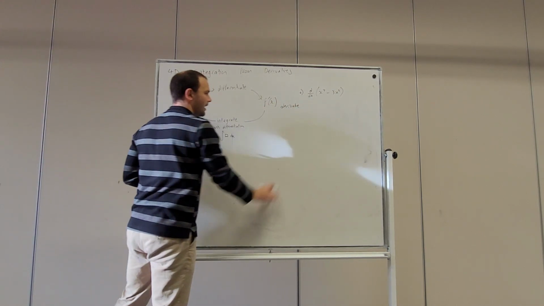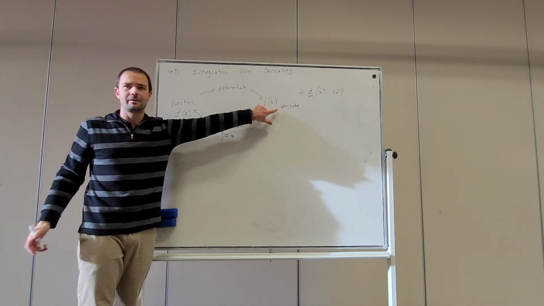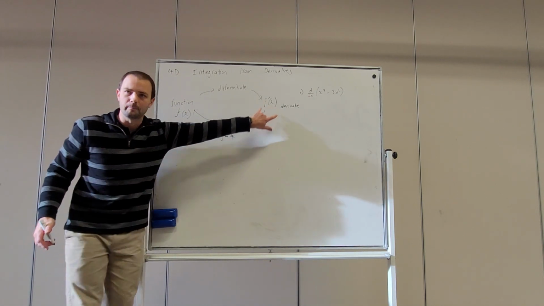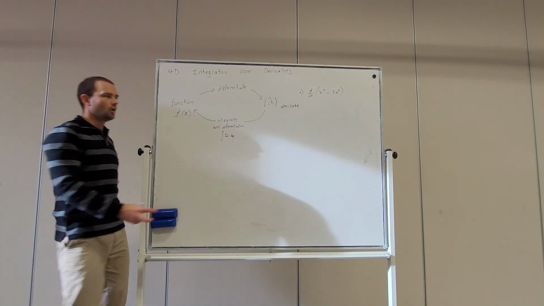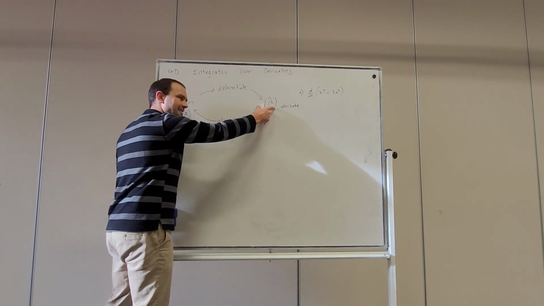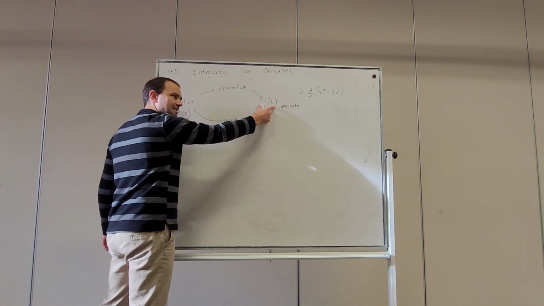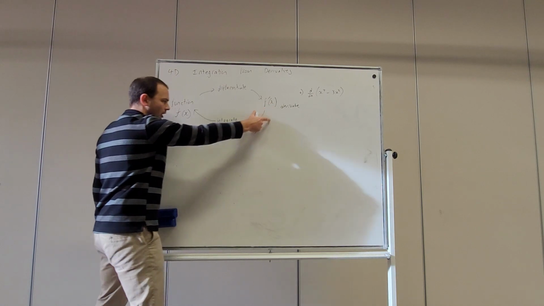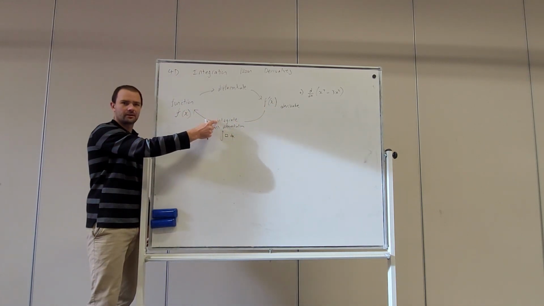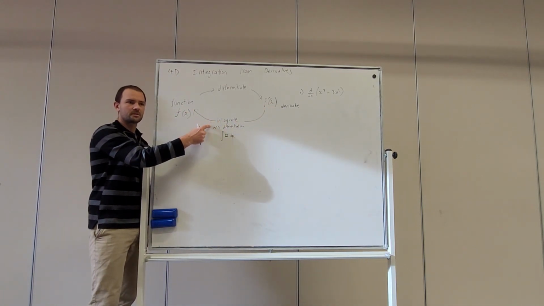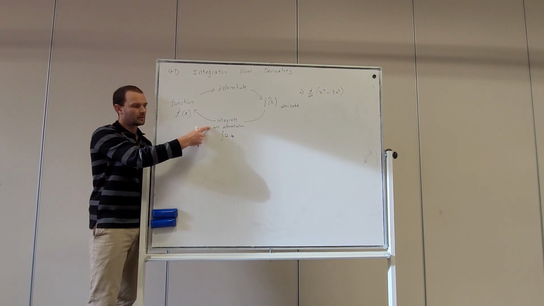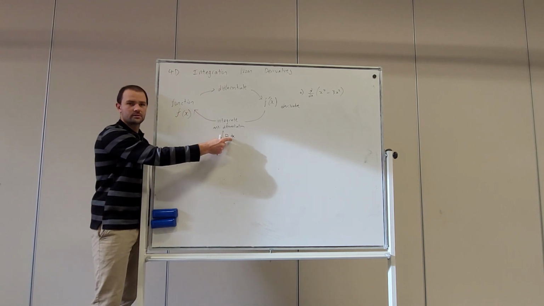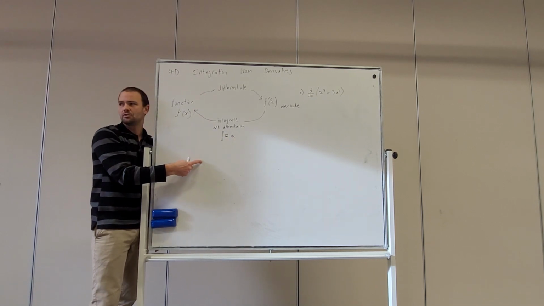What we're doing now is we're starting with the derivative function and we're going back the other way. We're saying, what is it that we differentiated in order to get this function? That process is called integration, sometimes called anti-differentiation, and this is the symbol that we use to show we're performing the antiderivative of something.